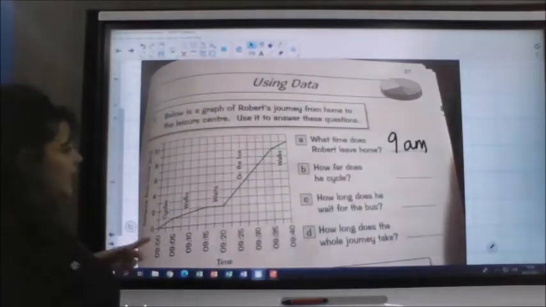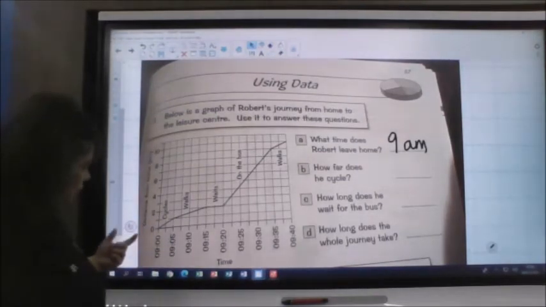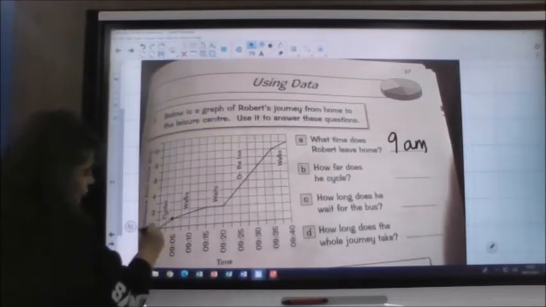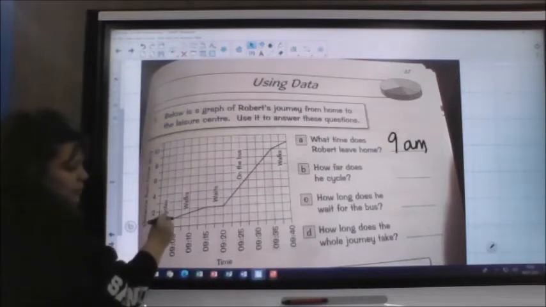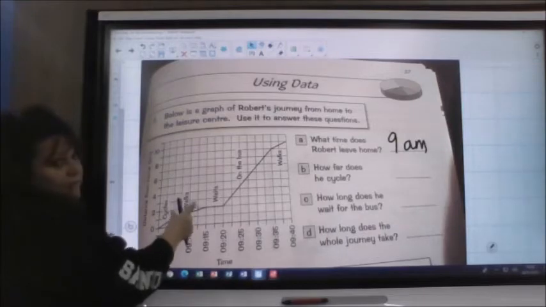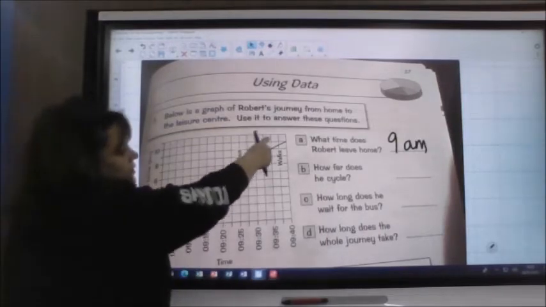Okay, so then it says, how far does he cycle? So if we have a look at when he cycles, he is cycling to there. So here's where he starts his journey, and he cycles to there because he starts walking. Then we can see the graph changes in these blocks, so you can sort of see when he's doing things.